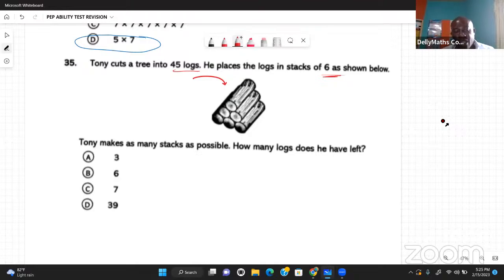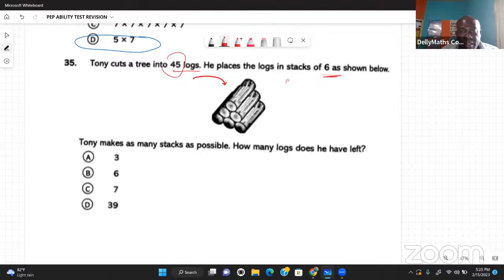Now, Tony makes as many stacks as possible. So it's going to be mounting them 6 by 6 like that beside each other. No problem. How many logs does he have left? In other words, you're talking about multiples of 6. You want to go as closely as possible to 45. So, do I know my 6 times?